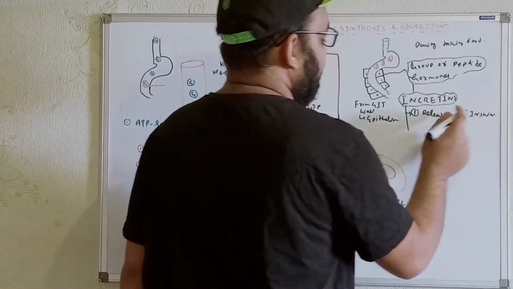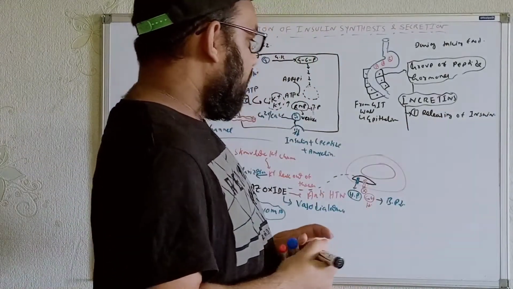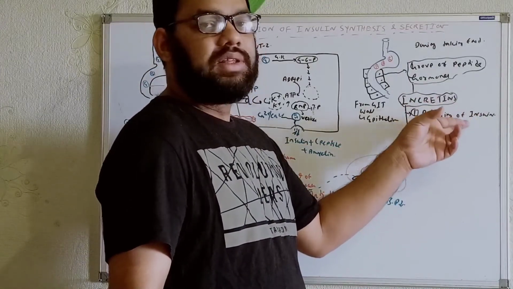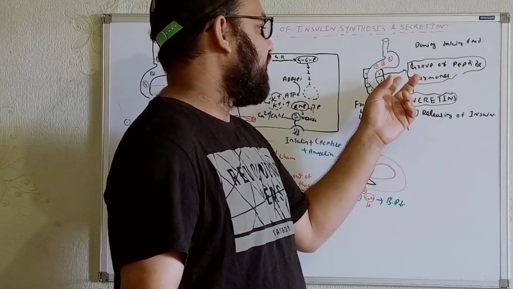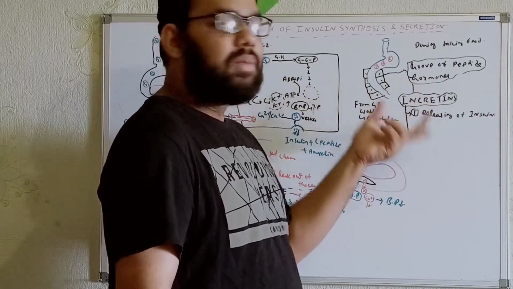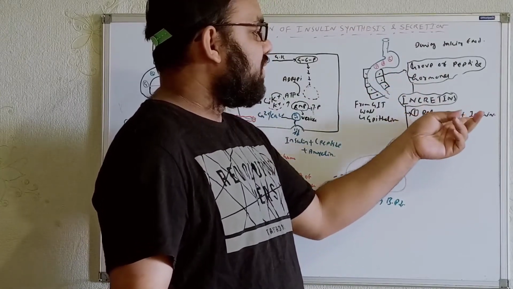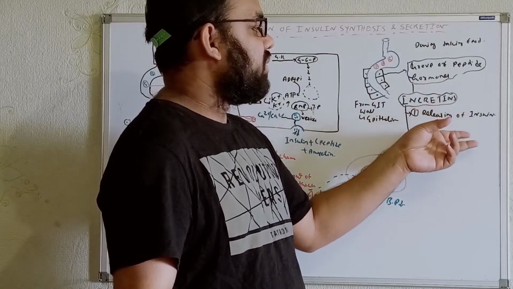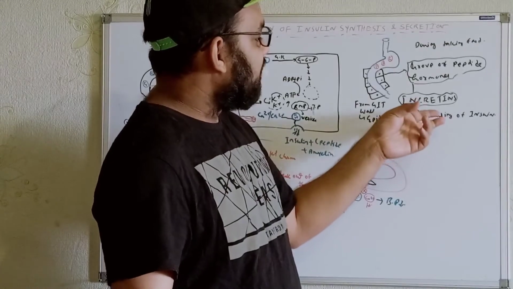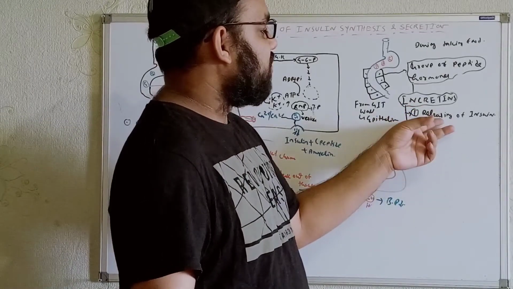Whenever insulin is released by this mechanism, the insulin deposits the different kinds of nutrients present in the circulation into the different kinds of cells, to keep the circulating nutrient level normal, as we know from basic knowledge. So the incretins help to release the insulin.